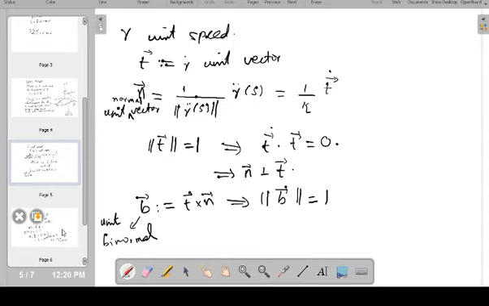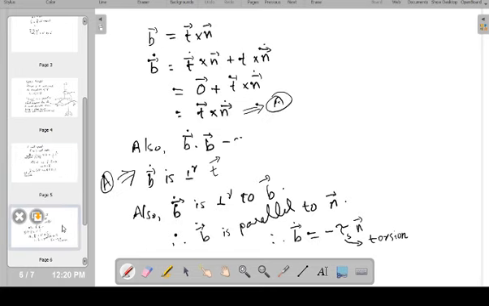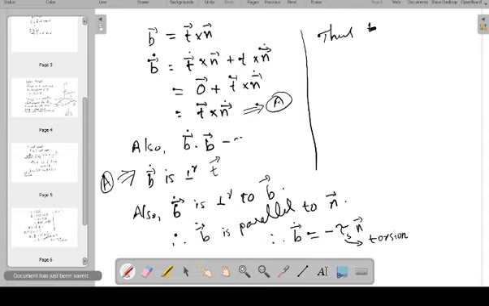So torsion is defined only for a space curve of non-zero curvature, that is important.